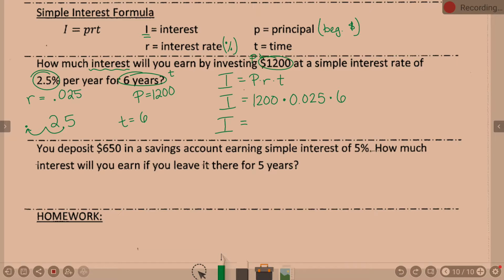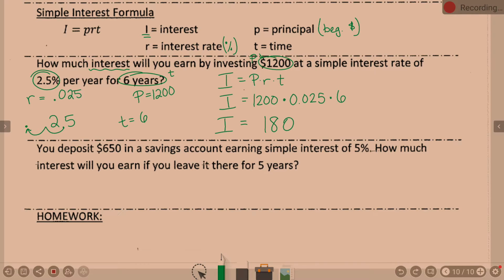So you got 1,200, then it's supposed to say times 0.025. You didn't type in the right problem, so that's not the answer to this problem. You have to put a multiplication dot or it doesn't work, and you have to put a 0.0. Okay, so 1,200 times 0.025 times 6. Oh, I got 180.